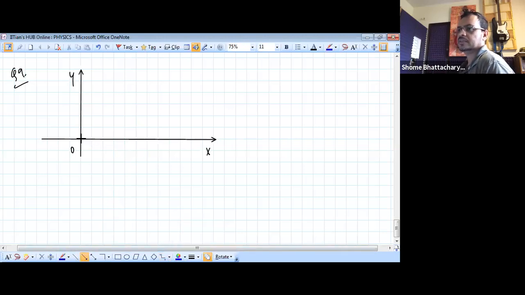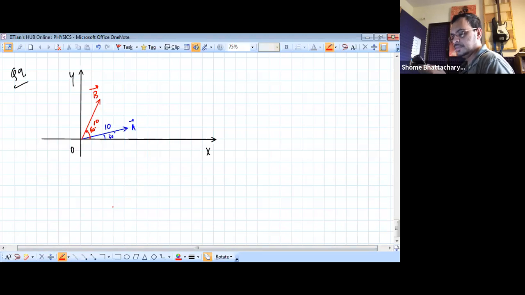So this is the vector A. This angle is 30 degrees. Then the vector B is like this, also of magnitude 10, but this angle is 60.